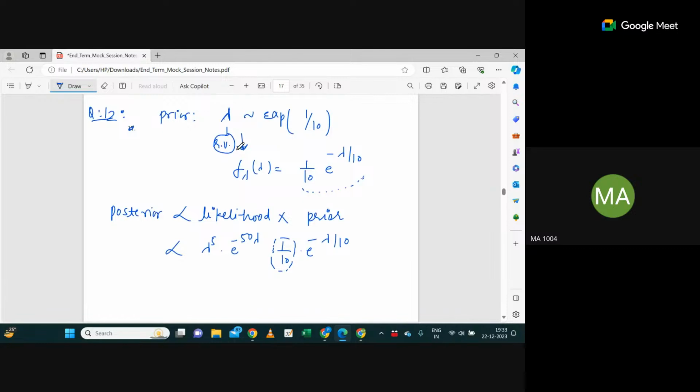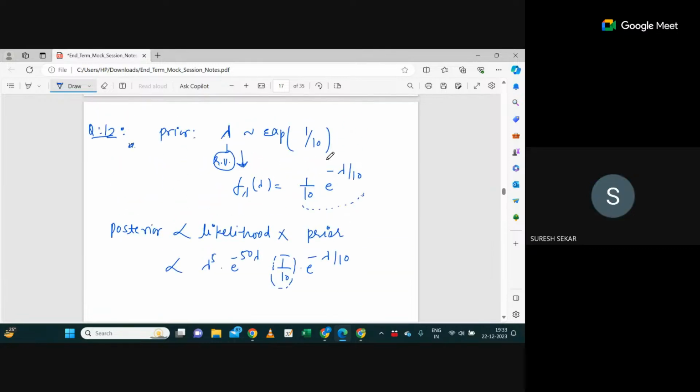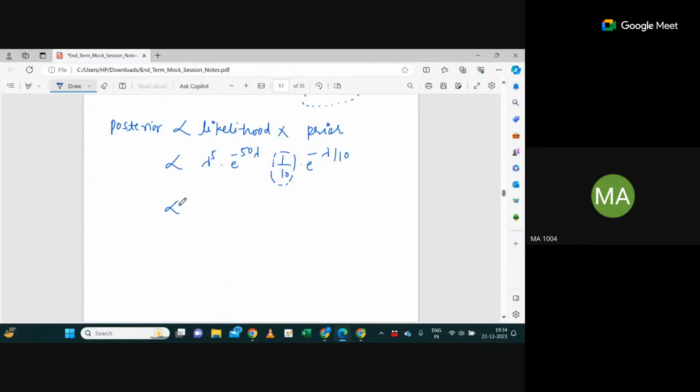What is the PDF of the exponential distribution? It's lambda into e to the power minus lambda x, where lambda is a constant. Instead of that lambda, I have 1 by 10, and instead of x, I have lambda. Clear? Now this 1 by 10 is absorbed under the proportionality sign.